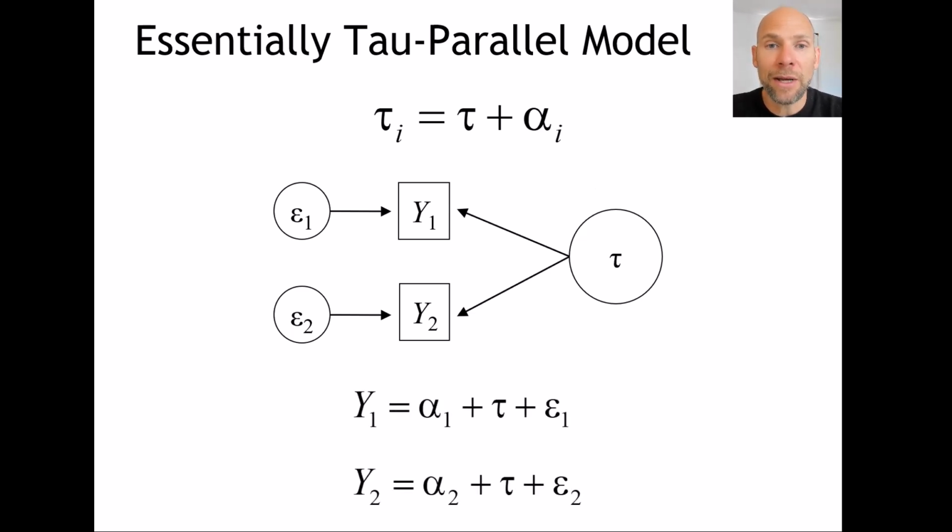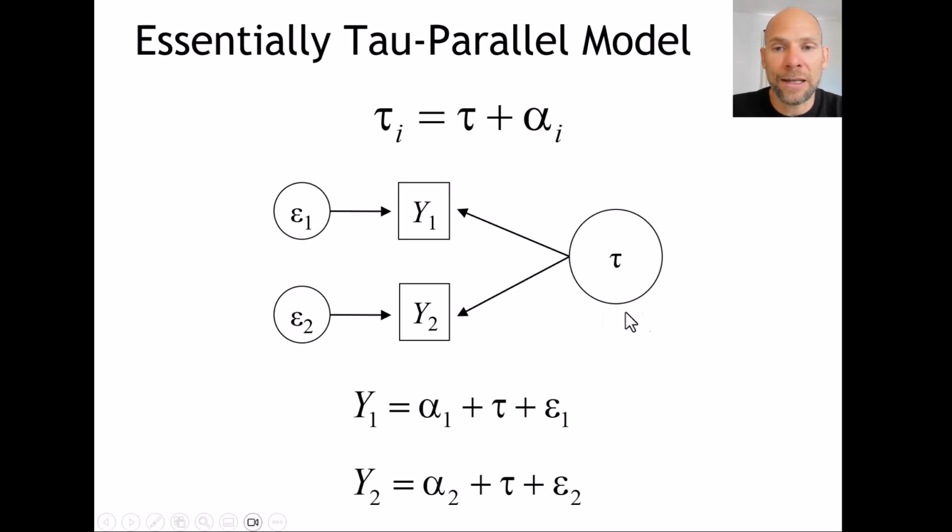However, the measurement equations for the observed test score variables look different. They now contain an alpha constant, additive constant or intercept parameter, as you can see here. Here's alpha 1 and here's alpha 2. And so in the simplest possible specification of such a model, these constants would just simply reflect the means of the observed test score variables.